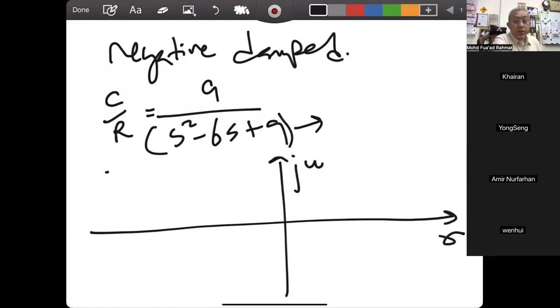S square minus 6s plus 9. S equals 3, Doctor. S is equal to negative 3. If plus 6s plus 9, it is minus 3, minus 3. This one is s equals 1 plus minus j square root 2.